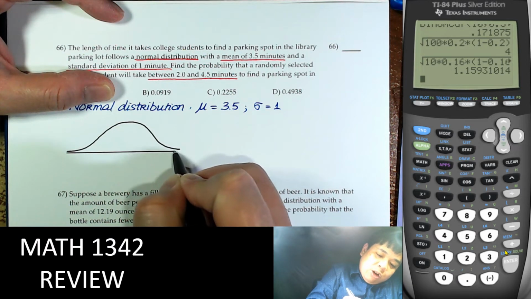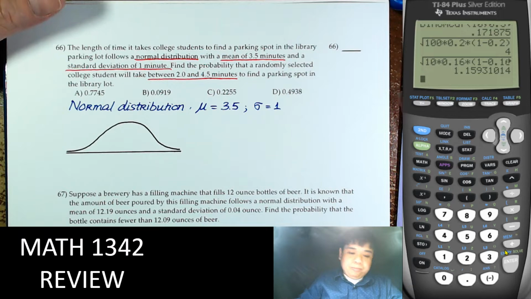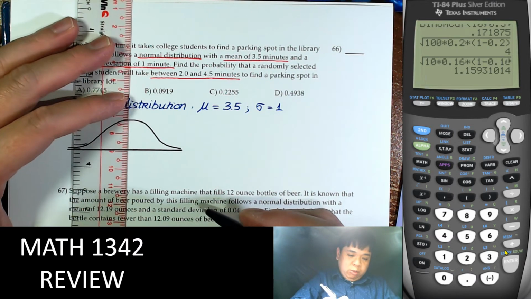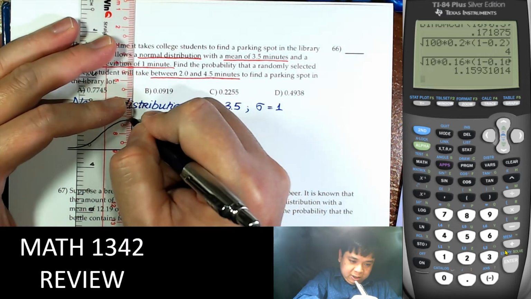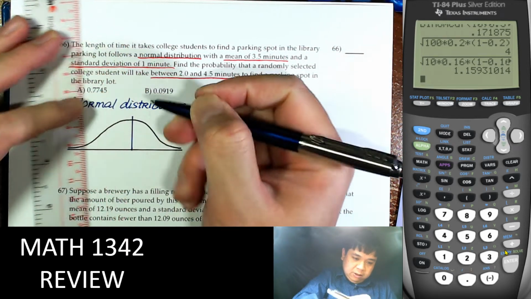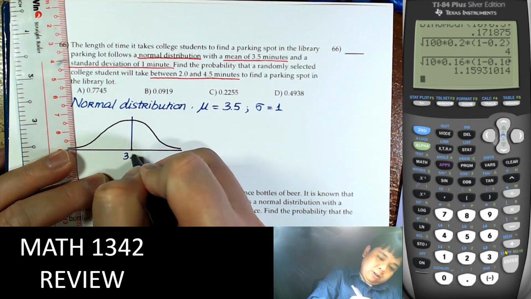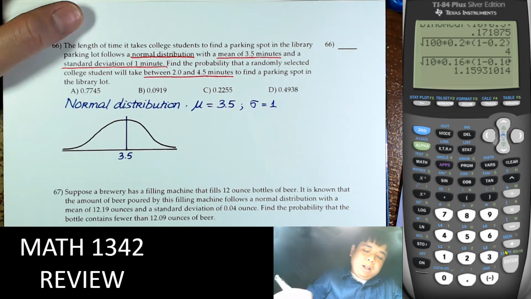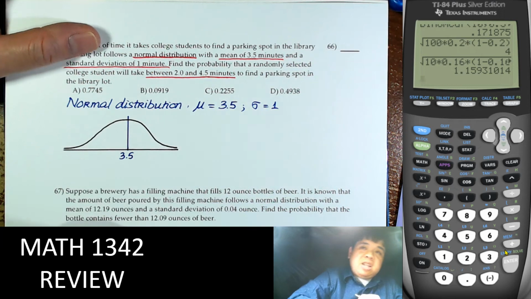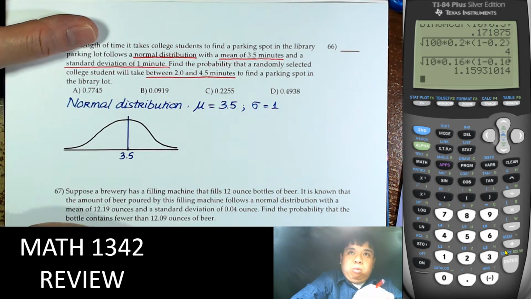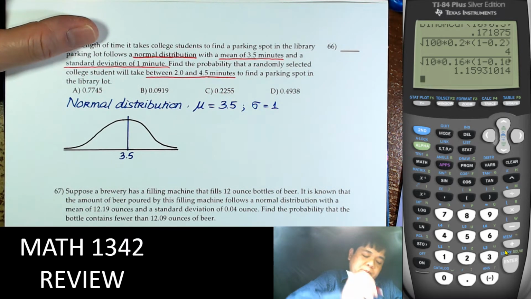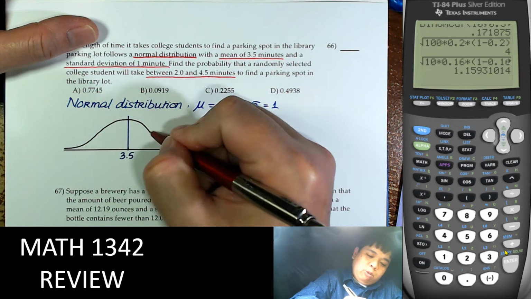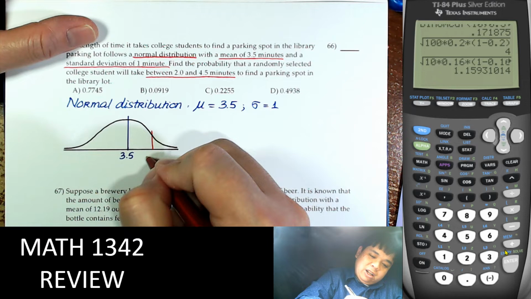Just try to draw it as symmetric as possible. Right, so we know the mean is in the middle, it's 3.5. And we want the probability, so the probability is the same as the area, is the same as the proportion of the population.